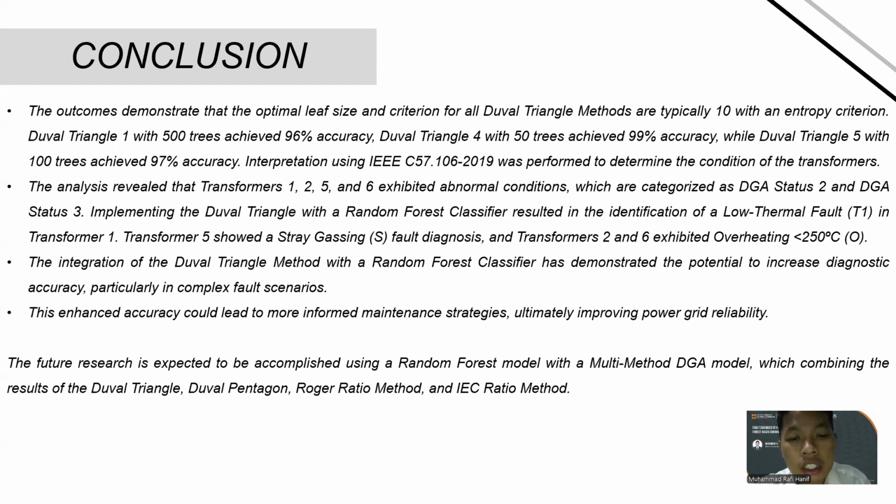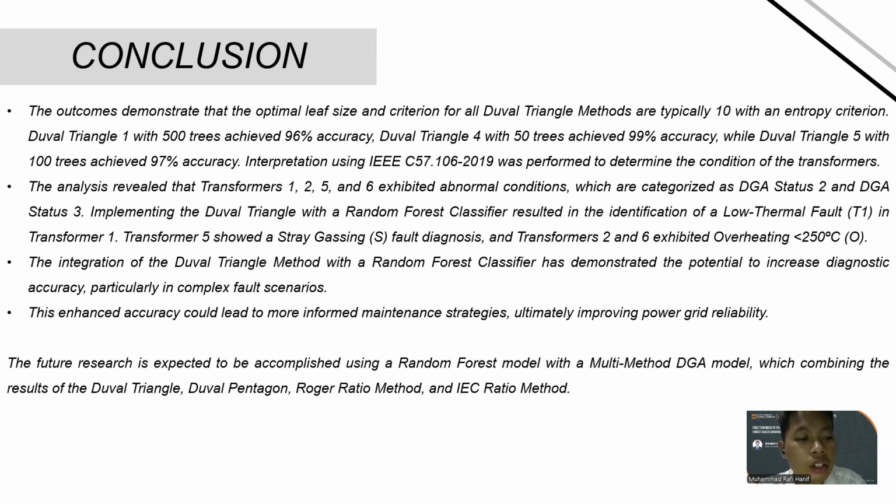Implementing the Duval triangle with a random forest classifier resulted in the identification of low thermal fault T1 in transformer 1, transformer 5 showed a stray gassing fault diagnosis, and transformers 2 and 6 exhibited overheating below 250 degrees Celsius.